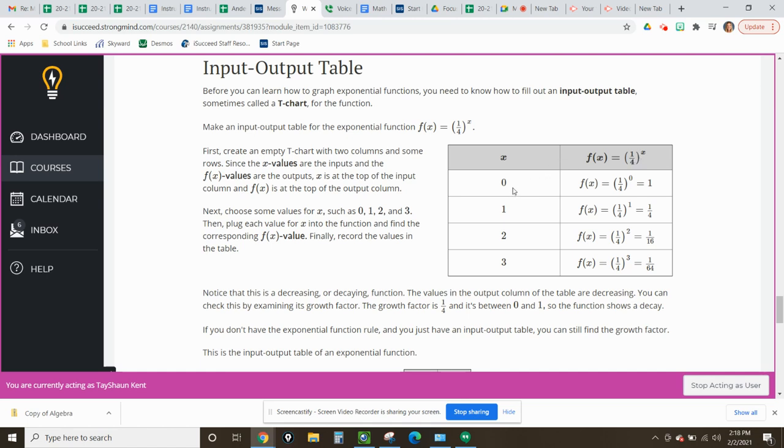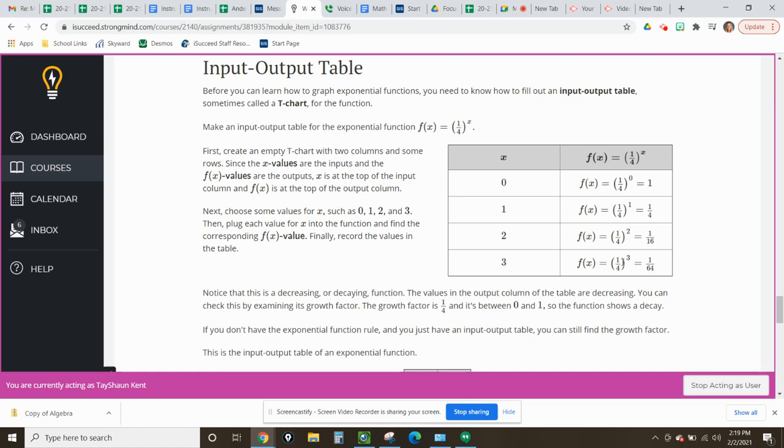If I'm going to plug in 0, that means this is going to be 1/4 to the 0 power, and you should have learned in Algebra 1a that anything to the 0 power is 1. When I plug in 1, that's 1/4 to the first power, so that's just 1/4. If I plug in 2, it's 1/4 to the second power, which is 1/16.